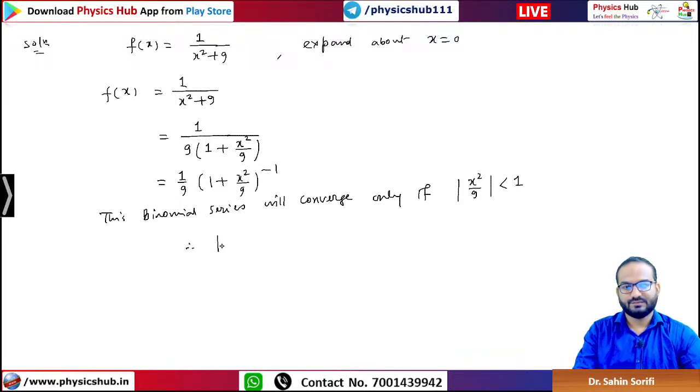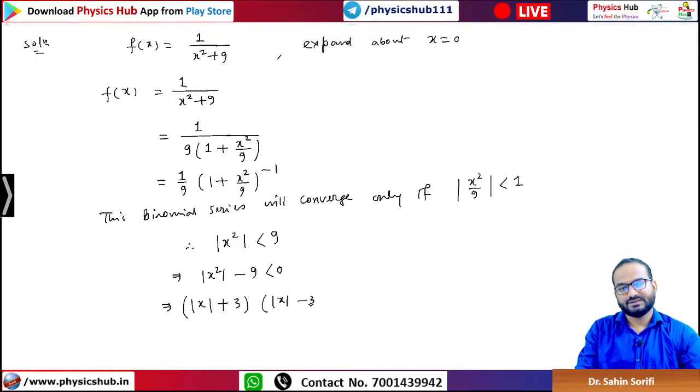That means modulus of x square is less than 9. So x square minus 9 less than 0. So it is a square minus b square formula, modulus of x plus 3, modulus of x minus 3 less than 0.